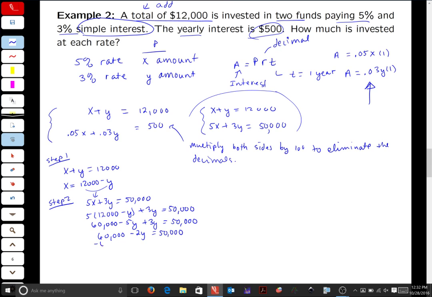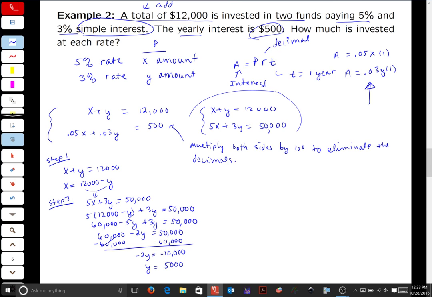So now I'm going to subtract my 60,000. And I have negative 2y is equal to what? Negative 10,000. What should y be equal to? 5,000. Positive or negative? Positive, because the two negative signs cancel.